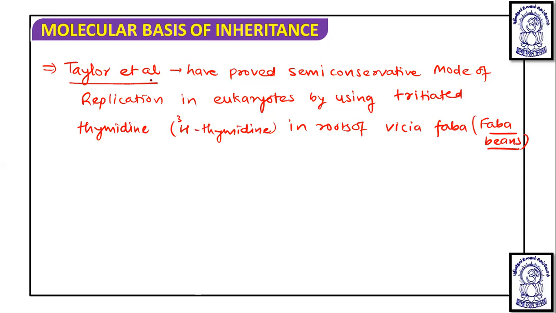So it is by Taylor et al., who proved it in eukaryotes using the roots of Vicia faba and tritiated thymidine.